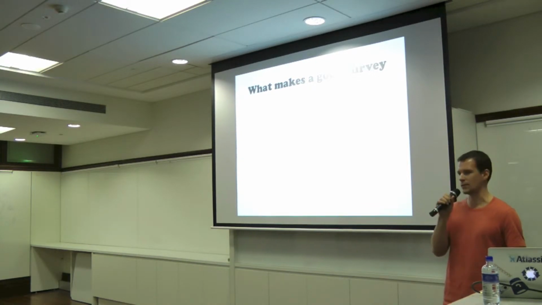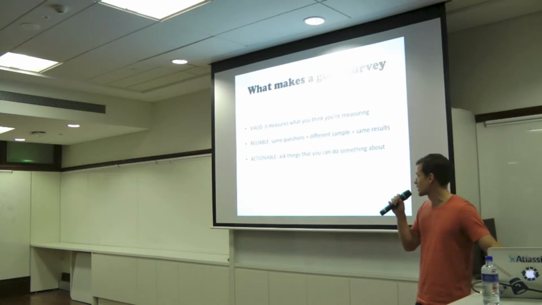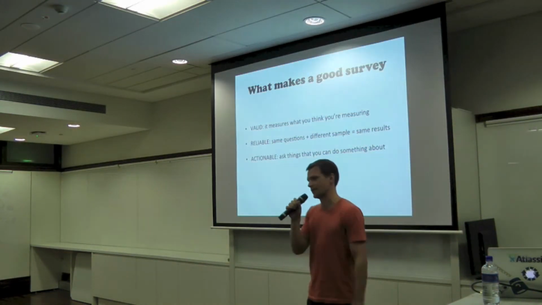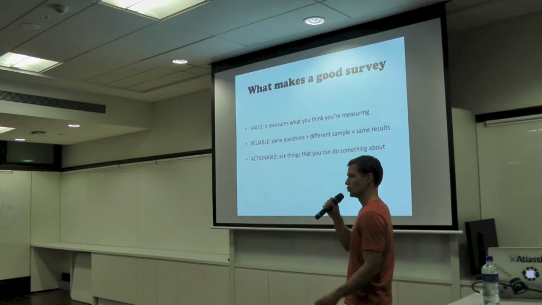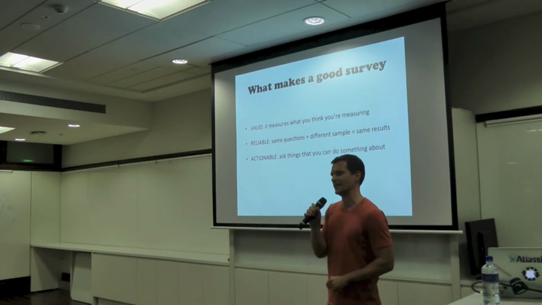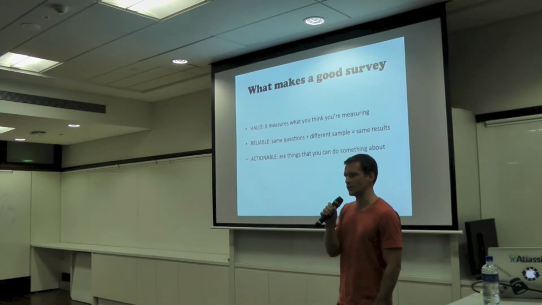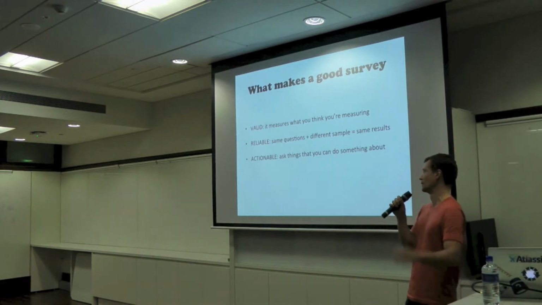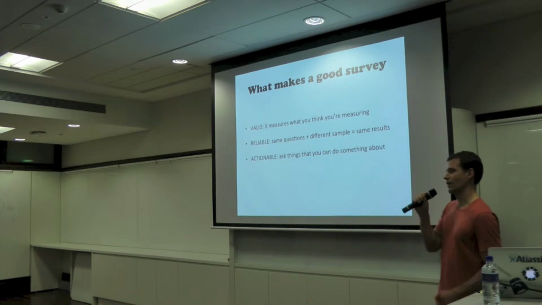Let's start with what makes a good survey. There are basically three things. First of all, it has to be valid. You have to have a clear idea what you want to measure, and then the survey should actually measure it. That's easy to say and really hard to do, so that's where the thinking comes in. The second thing is that it has to be reliable.